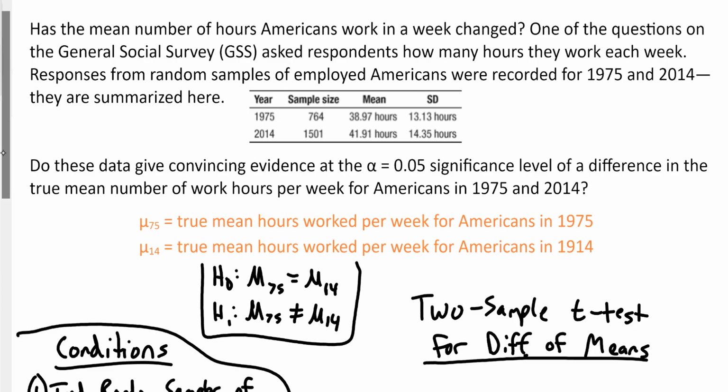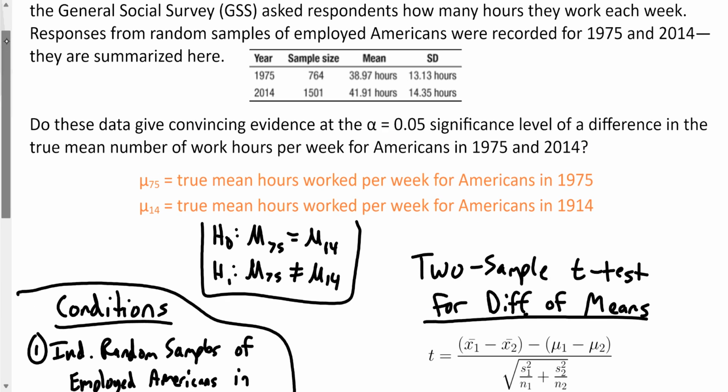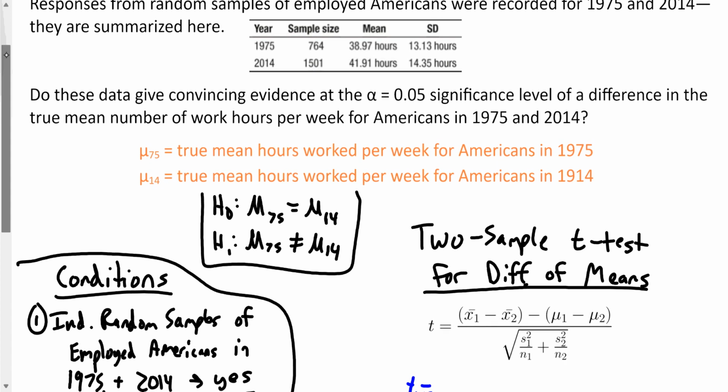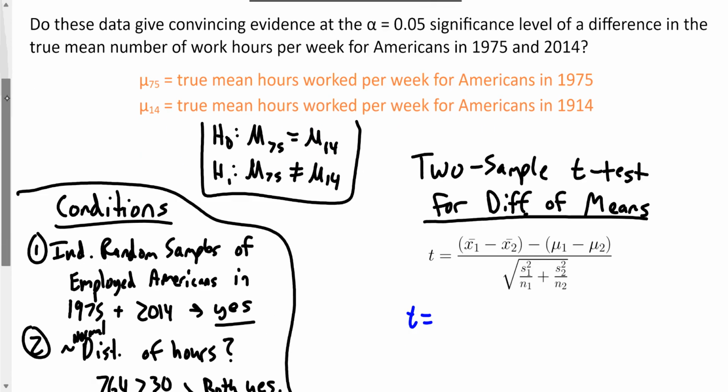So back to that problem then. If I want to find a t-value, I'm going to use this formula that just magically showed up. But I'm going to plug in all the values that I have, right? So in this case, t is going to be equal to, we were given the x bar, 41.91 minus 38.97.